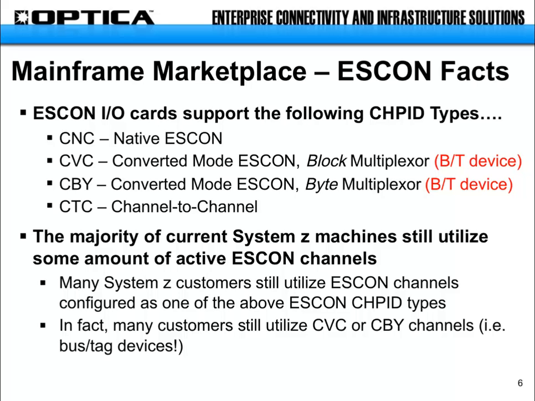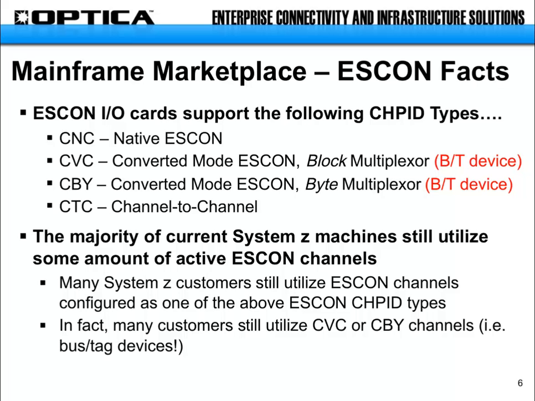You're not alone if you wondered how the rest of the customer base has progressed with their migrations. You're certainly not alone if you're still managing ESCON devices or even bus and tag devices for that matter. I would say of the 50% of System Z customers that have ESCON chiplets that are active, there's probably 30% of those that still have bus and tag devices.